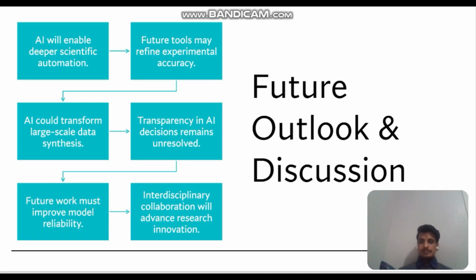For example, scientists and AI experts are combined. AI information and scientist information are combined. They will give you better research in the future.